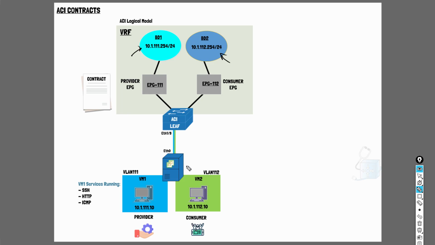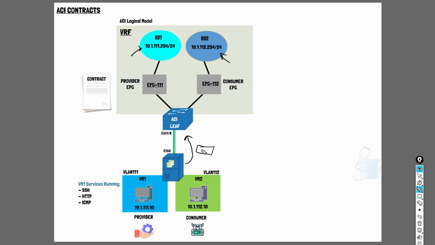They will be communicating towards the ACI switch, and they will be tagging their traffic once they're exiting the ESXi host and going towards the ACI leaf. They will have their respective tags.